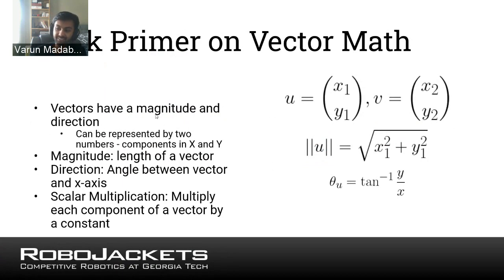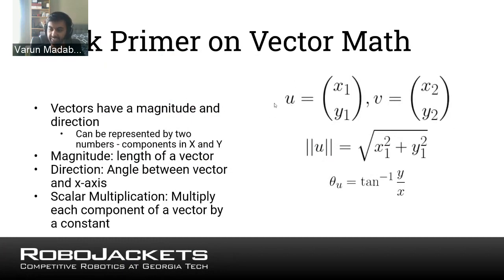Vectors have magnitude and direction. The magnitude of a vector is given by this formula, the square root of the square of the first component plus the square of the second component, just like the Pythagorean theorem. The direction is defined as the angle between the vector and the x-axis, which is just the tangent inverse of y over x.